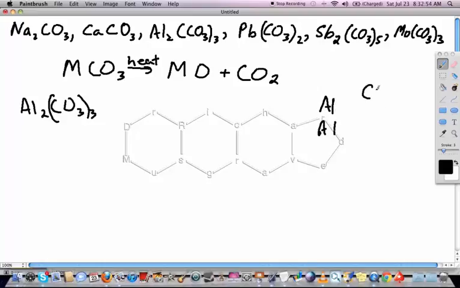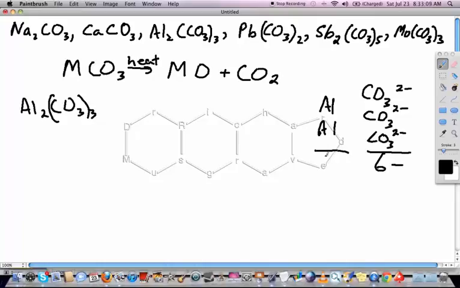We've got 2 aluminums and 3 carbonates. Again, we know the charge on the carbonate is 2 negative, 2 negative, and 2 negative, which means the total charge is 6 negative.